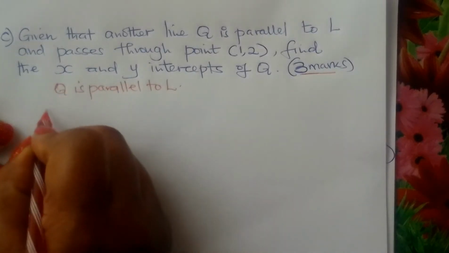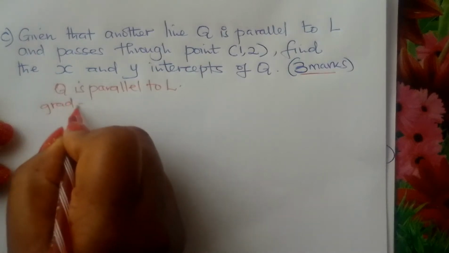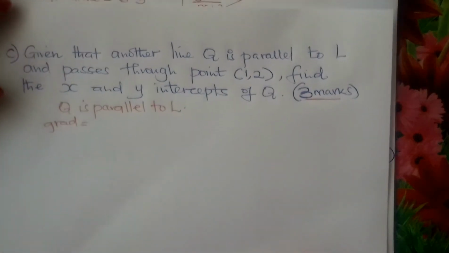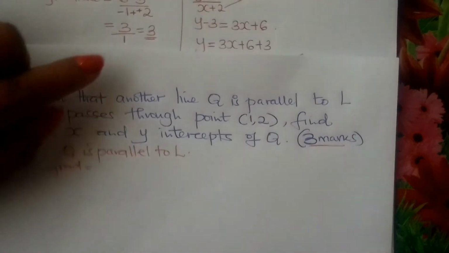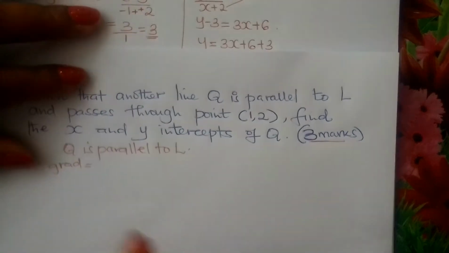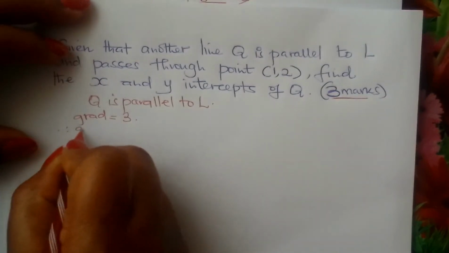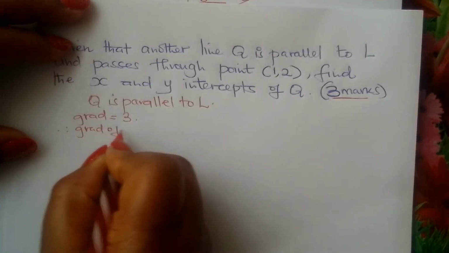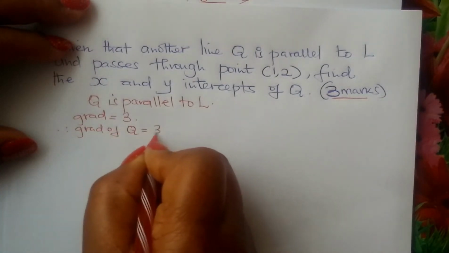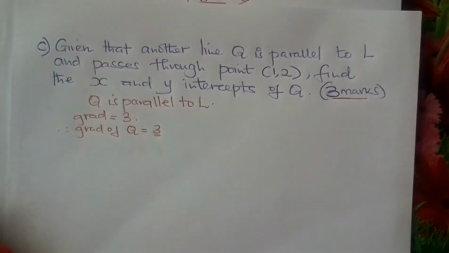So what was the gradient for L? Gradient for L from part A learner, it was 3. So we come and write it here, and therefore the gradient of line Q is also 3.